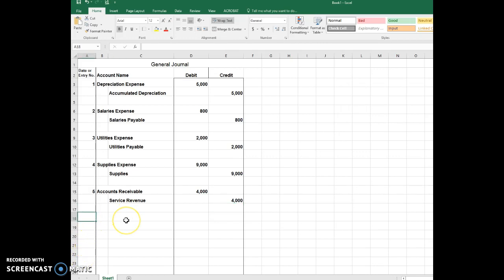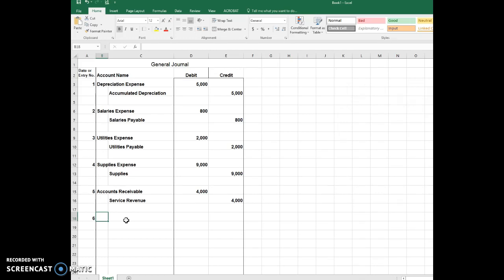Another example would be number 6 here. If you remember in your studies, you probably saw where sometimes customers pay you in advance. If they pay you in advance for a service, then you owe them either the service or the money back.